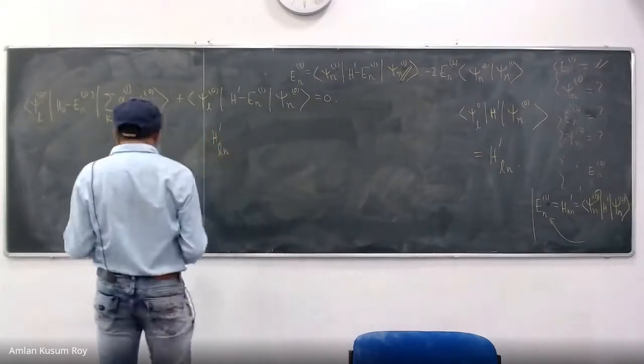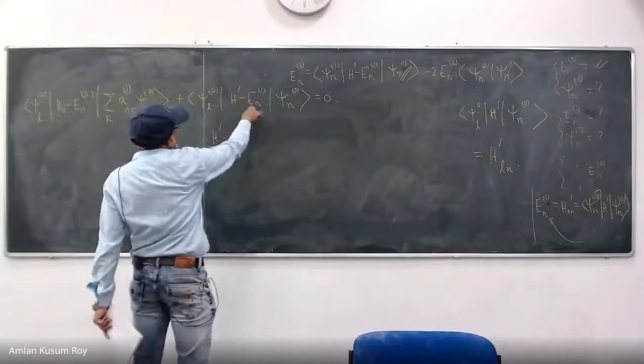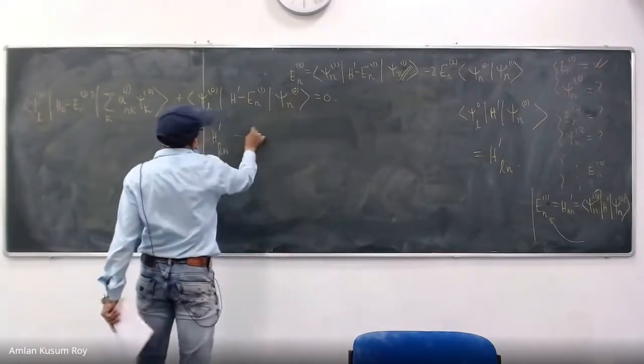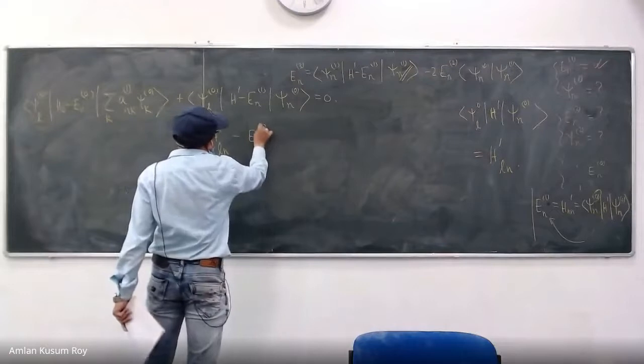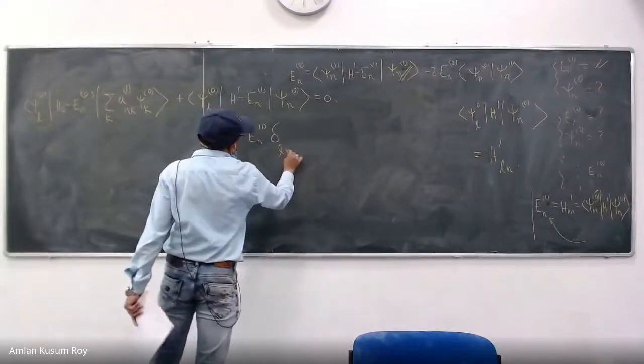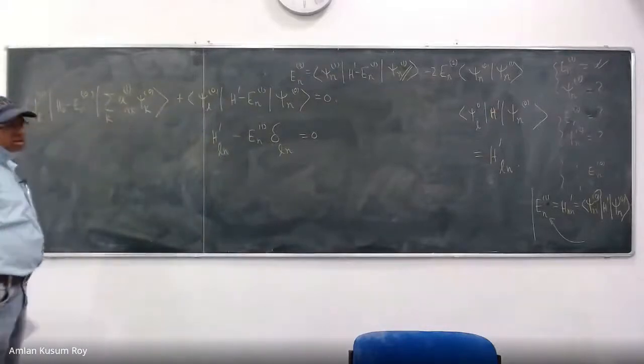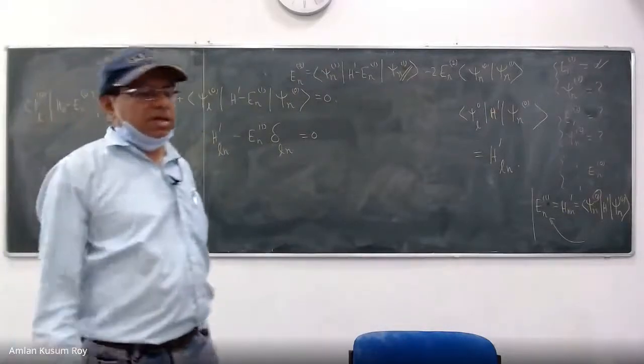And then minus en1 psi L0 psi n0, that means minus en1 delta ln, is equal to 0. And then this guy, what is this guy? Please take 10 seconds to work it out.